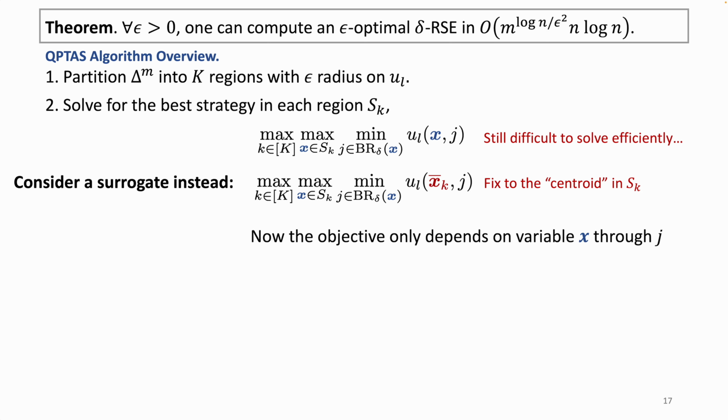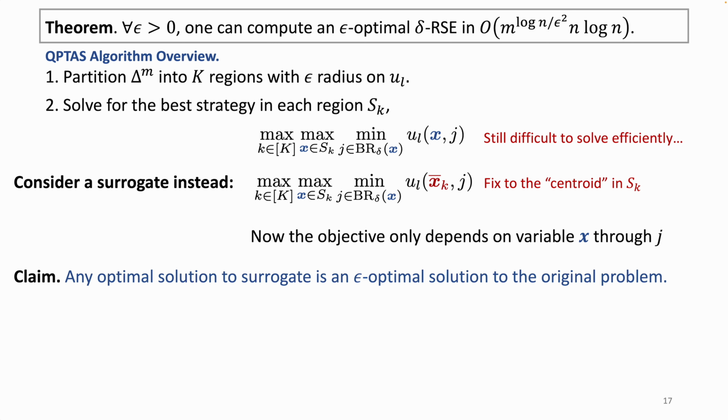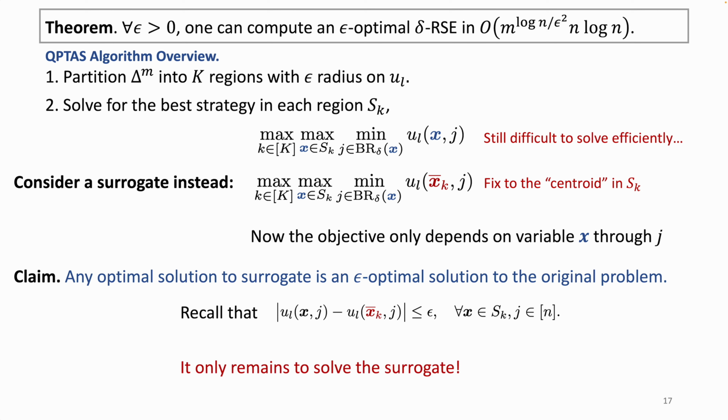Now the objective only depends on the variables through J. We claim that any optimal solution to the surrogate is an epsilon-optimal solution to the original problem. This is due to the previous requirement that any point within this region has utility difference less than epsilon to the centroid. Therefore, it only remains to solve this surrogate objective.